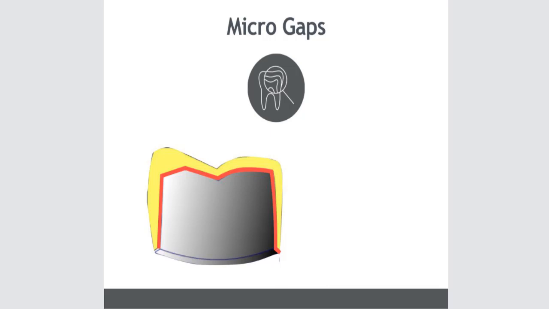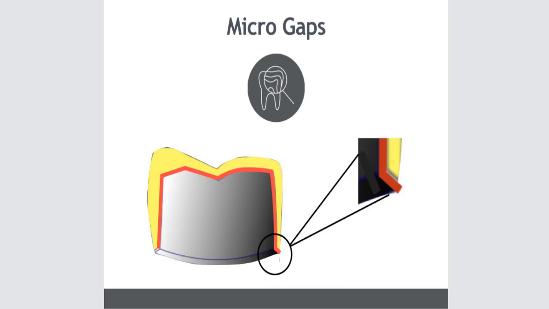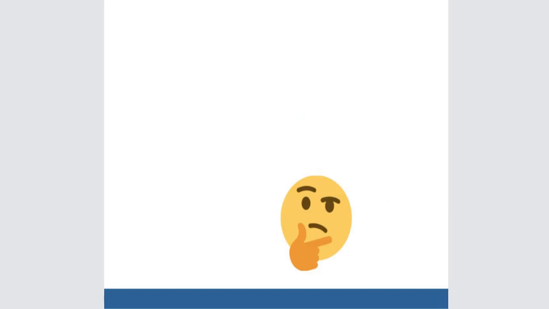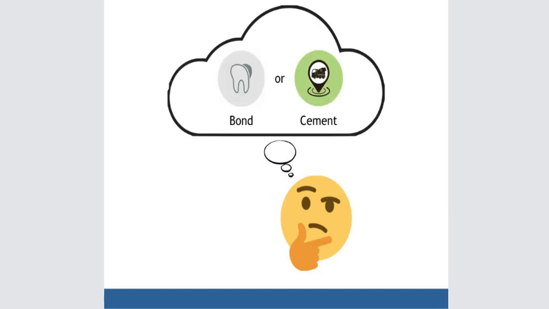The next thing that we don't really think about, and that's very much overlooked, is that cementing or bonding a crown is commonly confused, and clinically we're not doing it correctly, because of this microgap issue. What I'm talking about is where the clinical crown meets the margin of the tooth and of the restoration.